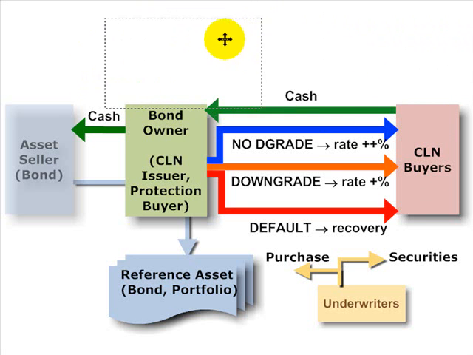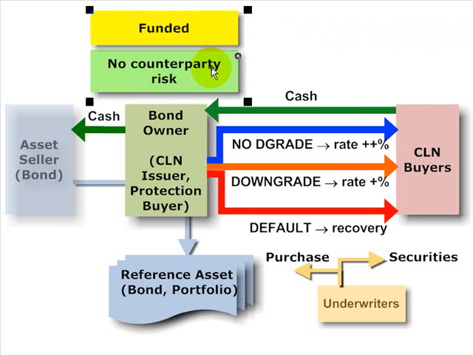So if we consider the bond owner, the key things to remember about the bond owner is that it's funded unlike the credit default swap. By funded, we mean this bond owner incurs really no counterparty risk or counterparty exposure to the investors. That's because if we think about these scenarios here, what if there's a downgrade or what if there's a default?